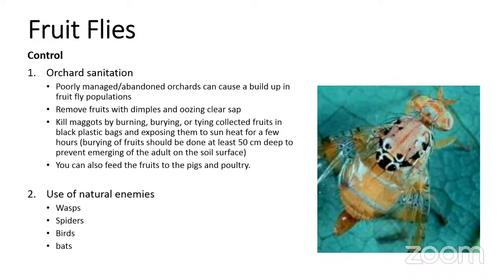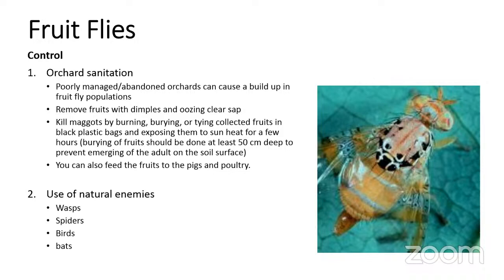It is quite cumbersome to be removing fruits from the plant, but it's the most effective way of controlling the fruit flies, because if you let them drop on the ground, by the time you'll be picking the fruits, some of the larvae would have come out and pupated. So remove them as soon as you see them on the tree.